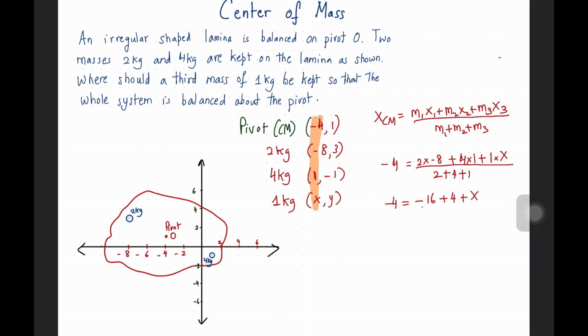We can simplify this further to get the value for x. So we can see that this will be -28 equal to -12 plus x, which we can further simplify to get the value for x, and that will be equal to -16. So we have got the x coordinate.